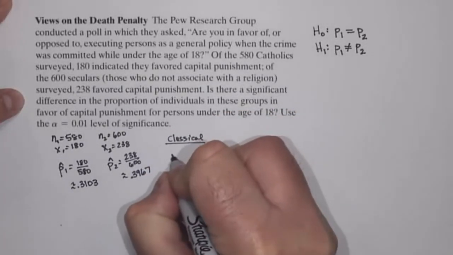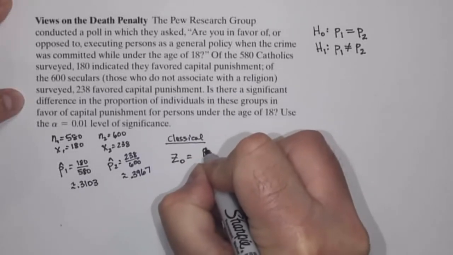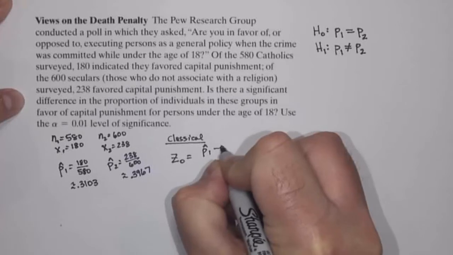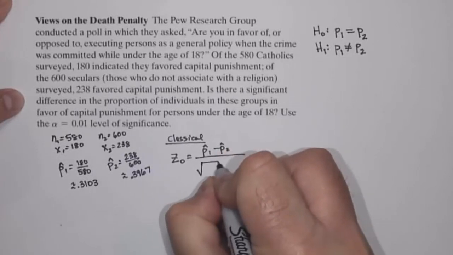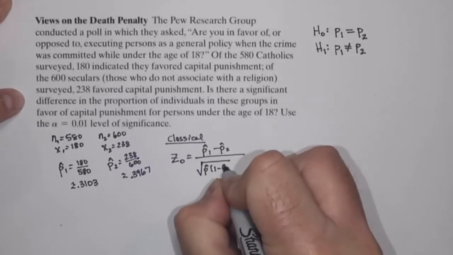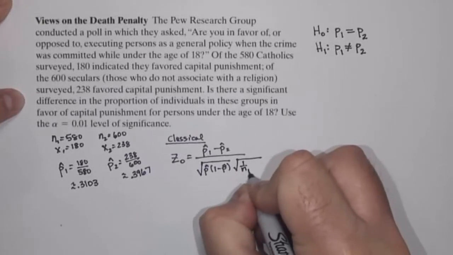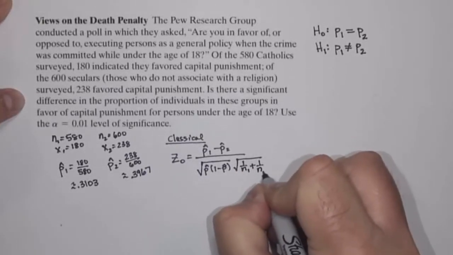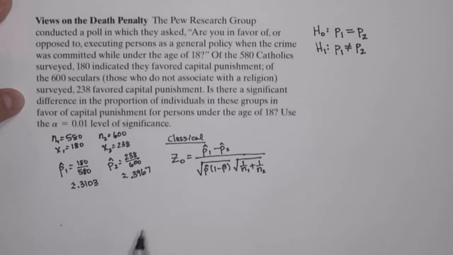So writing down our formula, Z0 is equal to P hat 1 minus P hat 2 divided by the square root of P hat times 1 minus P hat times the quantity 1 over N1 plus 1 over N2. Now P hat here is the pooled proportion, so we're going to have to determine that.